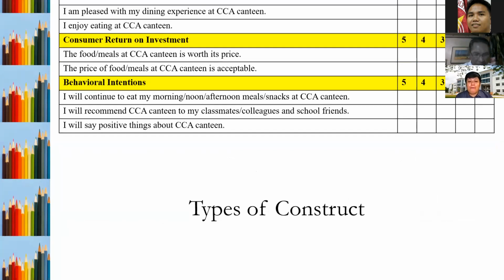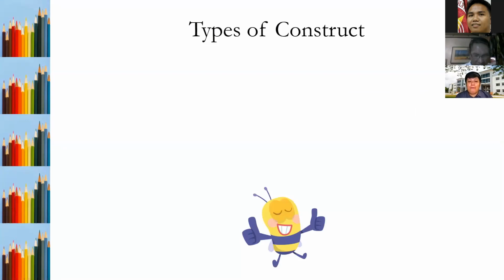Next, another important thing that you need to remember every time we develop or design our research instrument or our questionnaire is to identify what kind of constructs we are measuring. One of the things that we tend to forget nowadays, every time we craft our research instrument, is to identify what type of construct we are using.